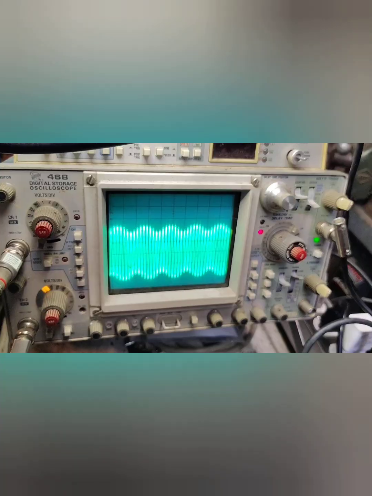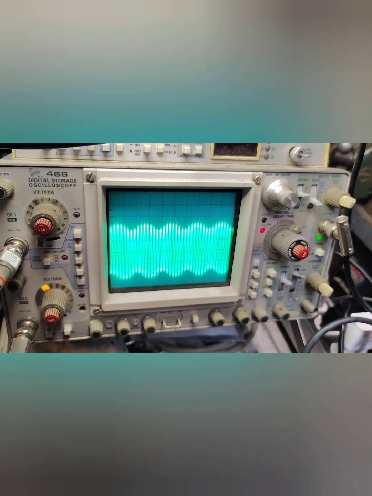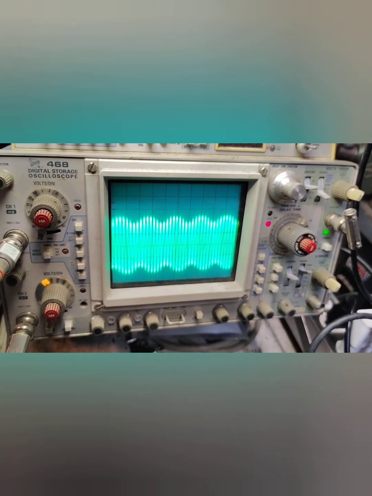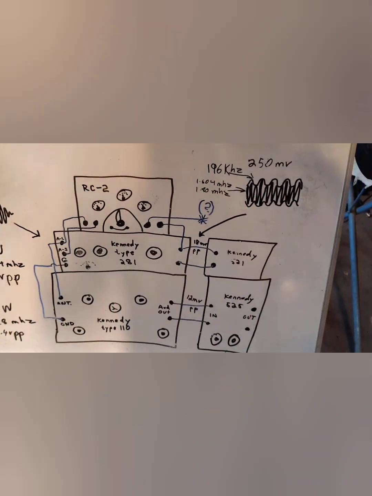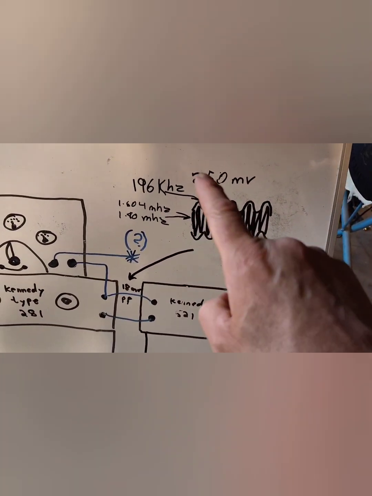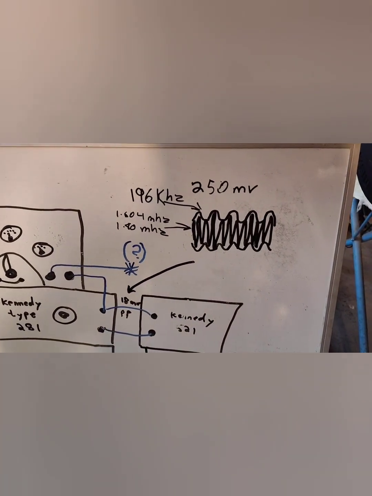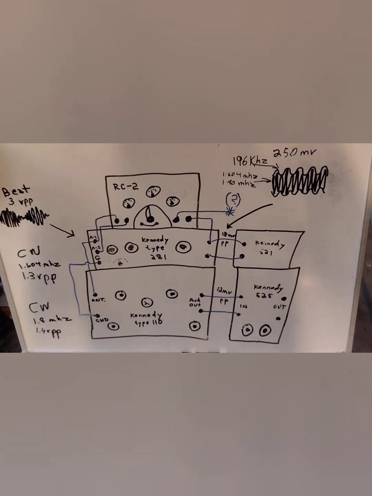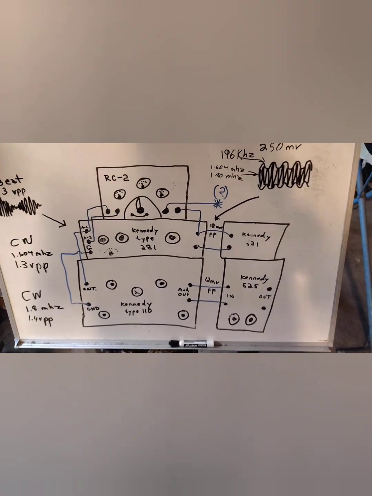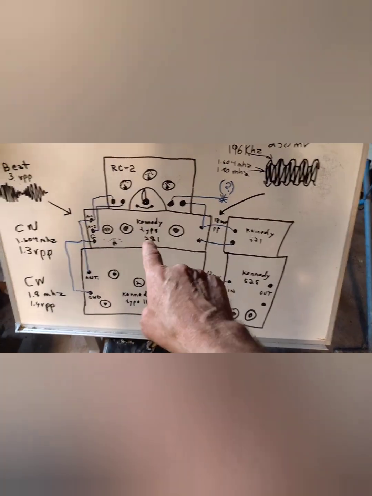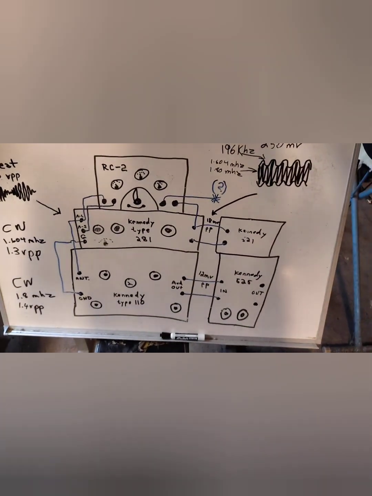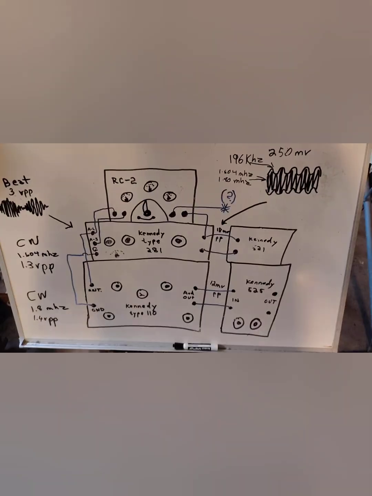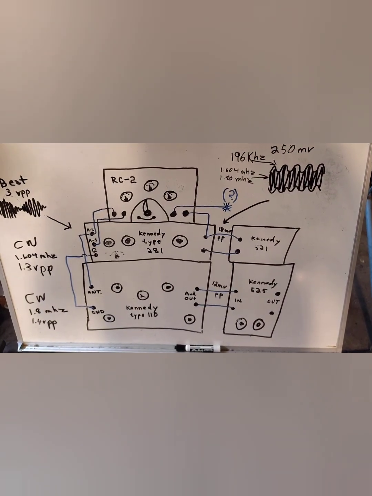But this signal is pretty much too weak, too low in amplitude to do anything with. And this was not the effective signal that Rife was using in his system. I have it drawn here. I'm reading about 250 millivolts peak on this. I'm sure he used that as a marker frequency. The marker frequency was what this system was all about, because the Kennedy Model 281 was very, very hard to identify what frequency it was operating at.